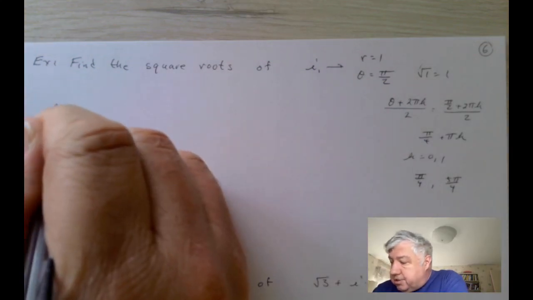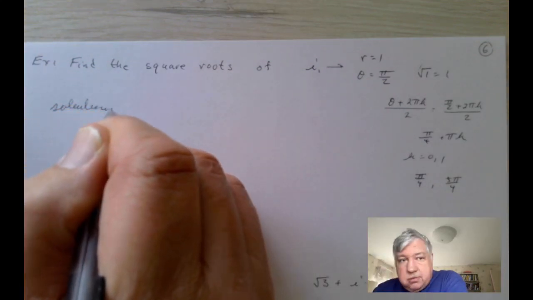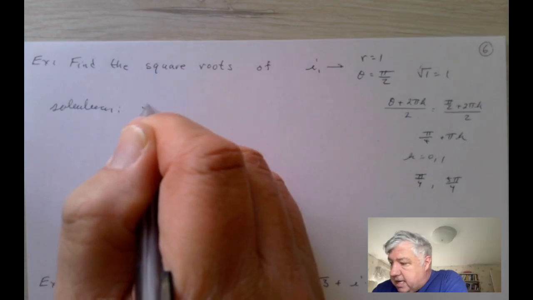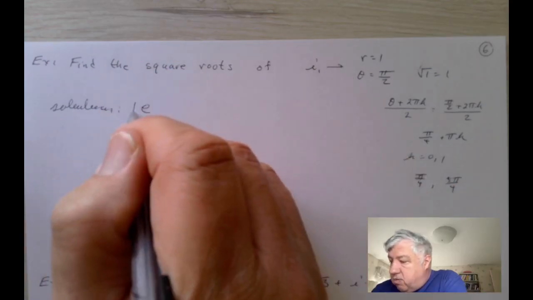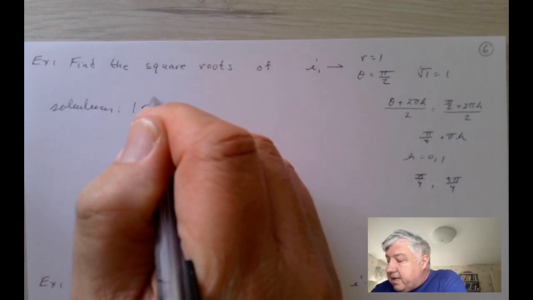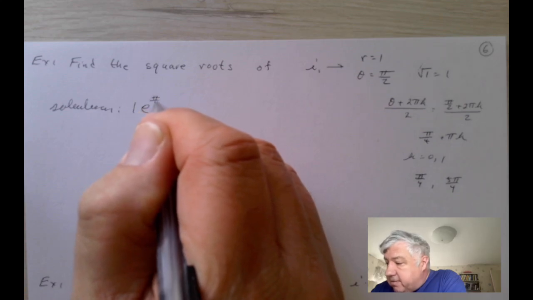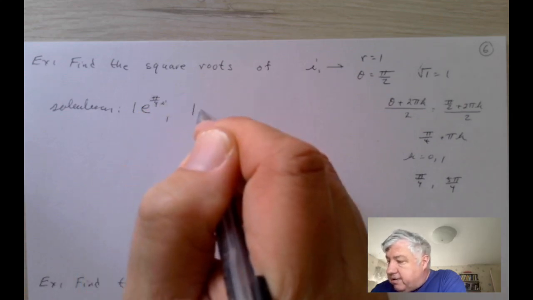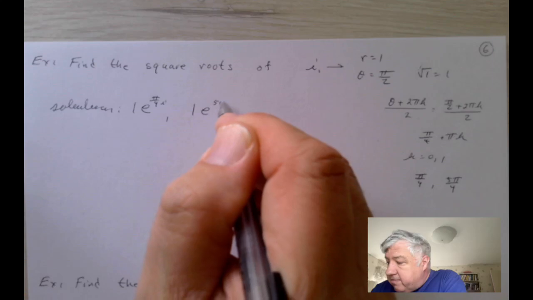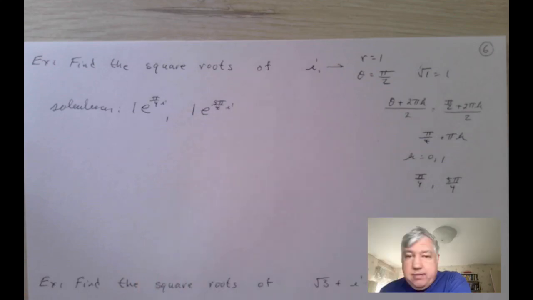So the solutions will be 1 times e to the pi over 4 i, and 1 times e to the 5 pi over 4 i.